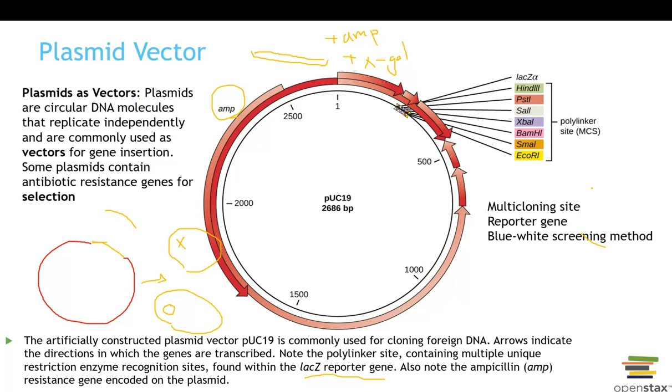But the white colonies are the bacteria that have the plasmid containing the insert, which has the insulin gene. The interruption in the LacZ gene means it cannot produce the enzyme to break down the X-gal, and the bacteria stay white.